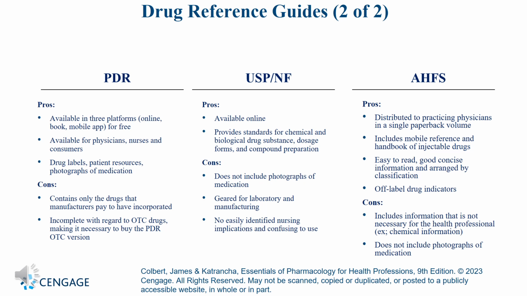Now, one con is that when it comes to over-the-counter drugs, you would have to buy a whole other set because it is not included. So make sure you get familiar with these so you'll know the difference between the drug reference guides and which one is going to be more suitable to help you.